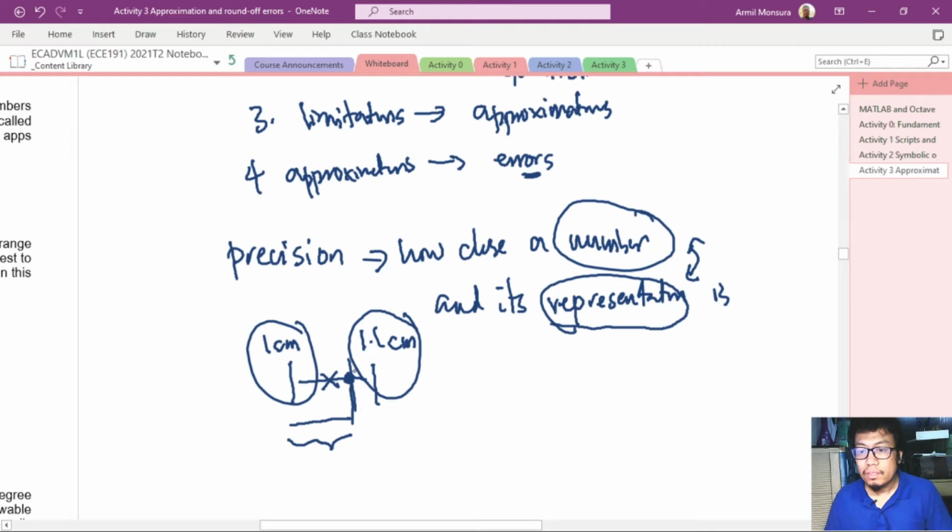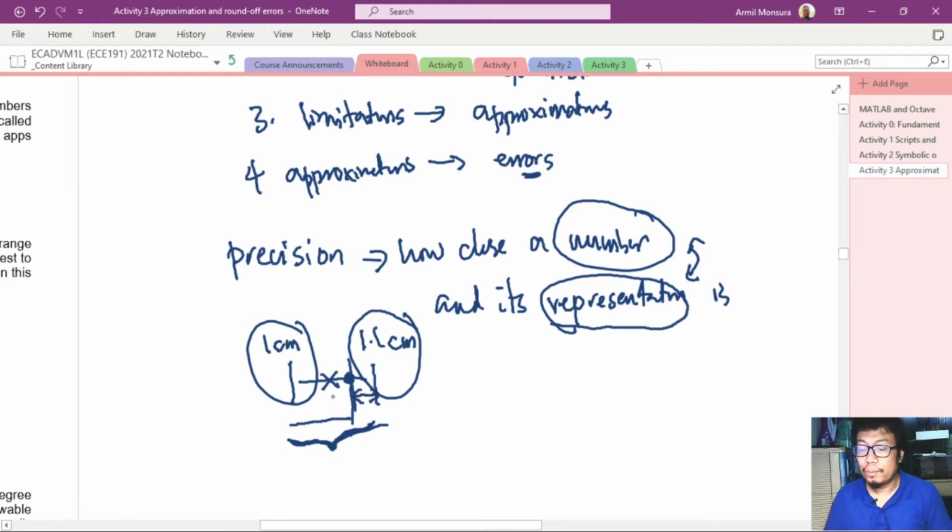Now, as you may recall, as you may observe, the larger this interval, the larger the possible error may be, because this becomes the error.